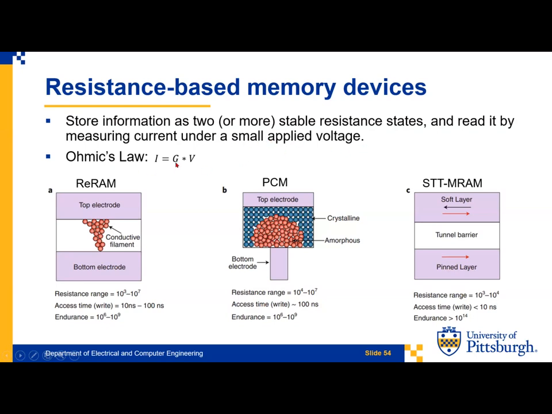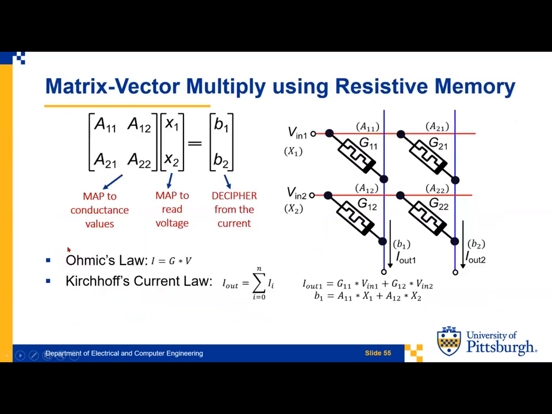We program the memory cell to change the conductance, so we store the conductance G on the cell, and we apply a small voltage and sense the current to know the data inside the cell. So at least we could do matrix vector multiply by using the resistance memory.